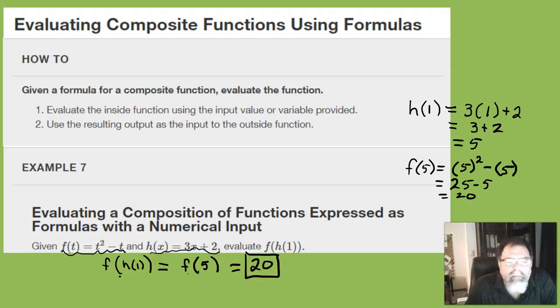Now, I was saying there's a couple ways I could do it. The other way I could do it is I could just do all this work right inside the problem. So instead of doing this, I would have shown all this work inside the parenthesis. So I would have done something like f of h of 1 would be 3 times 1 plus 2.